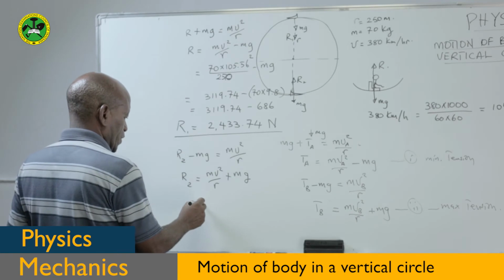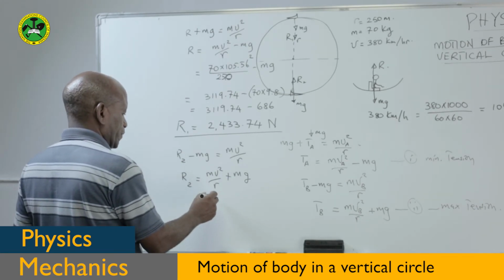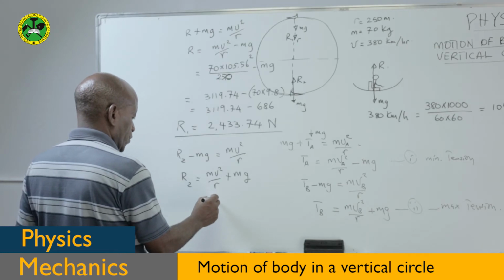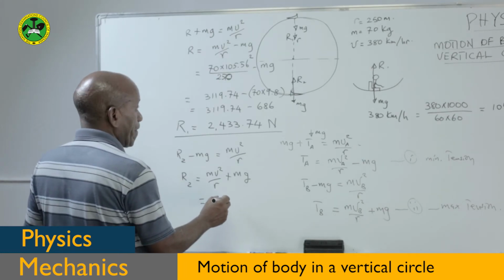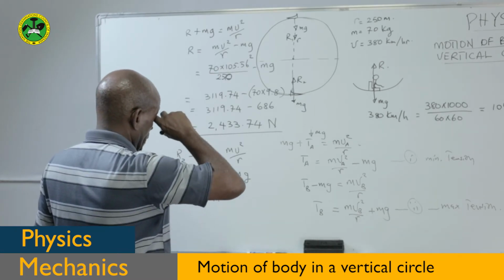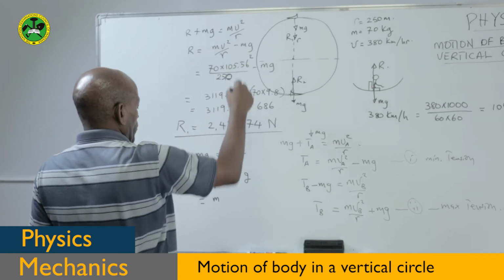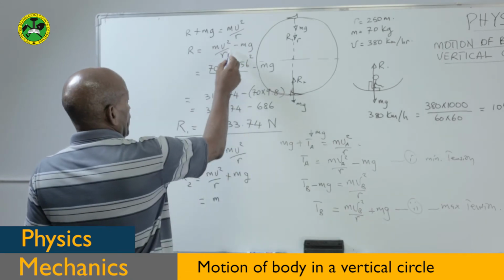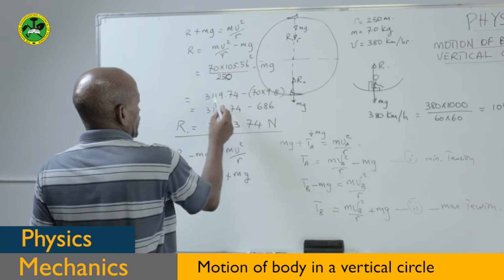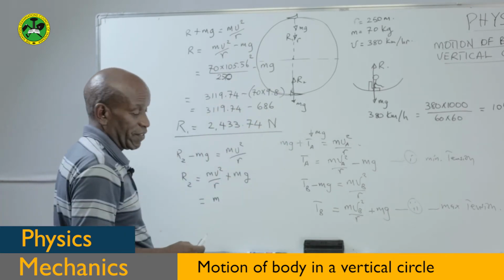So if we substitute there, we can simplify mv squared over r plus mg. We are going to use the same values over there, whereby mv squared over r is this much, but instead of minus, now we are adding.